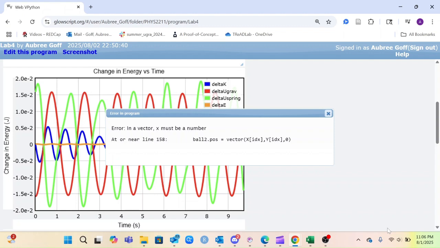remains pretty constant. So the close agreement between the predicted and the observed motion validates that this model is accurate and can be implemented. It's accurate using Newton's second law, and the spring and gravitational forces accurately represent the dynamics like we would see in a real system.